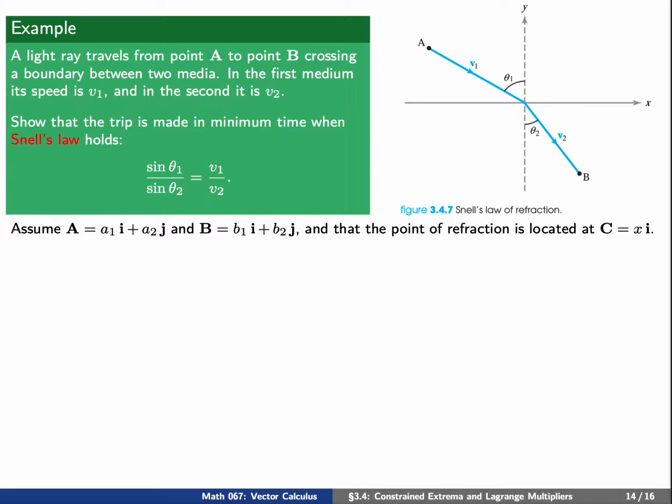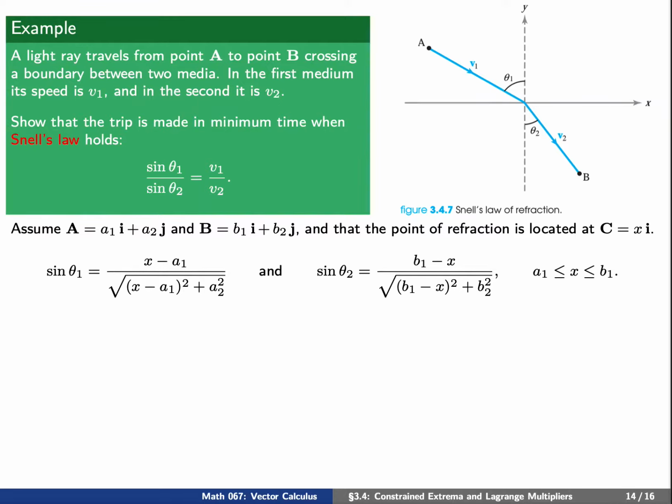Well, by looking at the way we've set up our angles, theta 1 and theta 2, you can see that sine of theta 1 is x minus a1 divided by the length going from A to the center C. And sine of theta 2 must be b1 minus x divided by the length going from the center C to the second point B.